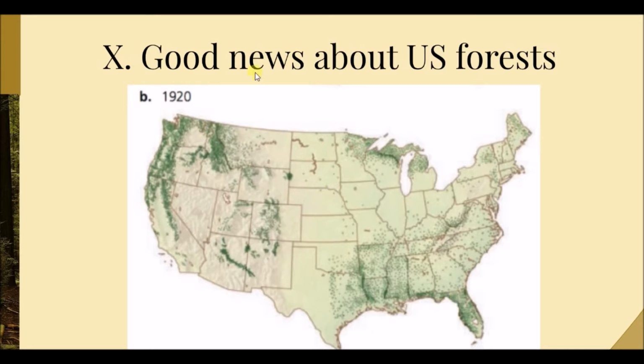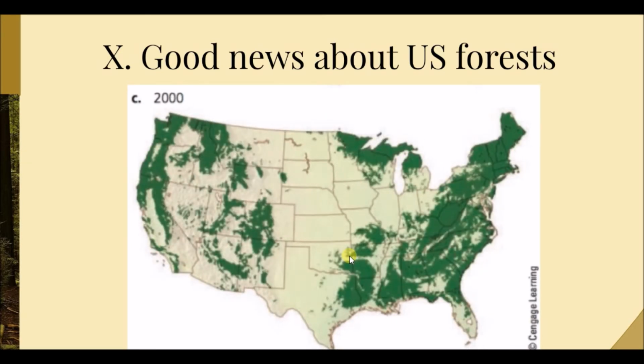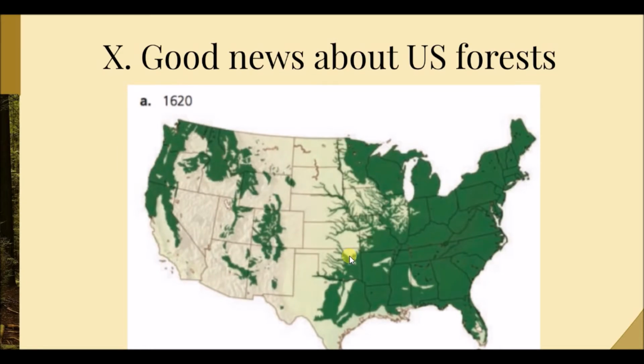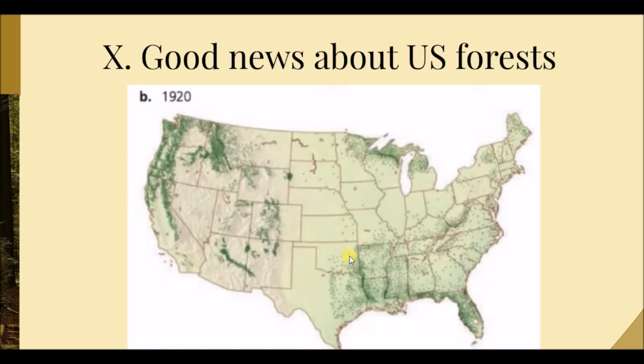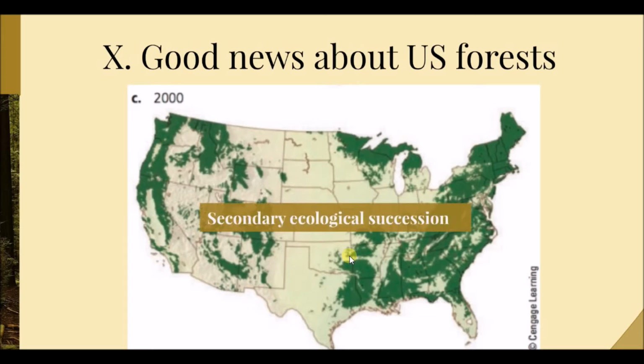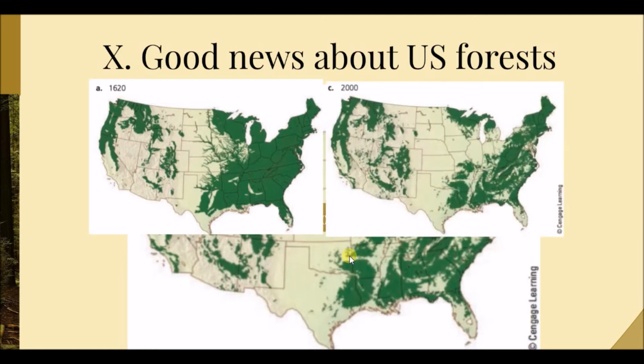So right here, we have a snapshot of what the forest looked like in 1920, and then here's 2000. The good thing here is, yes, we did lose a lot of our forest, and probably lost a lot of biodiversity as well. But through secondary ecological succession, we've grown back a tremendous amount of the forest.